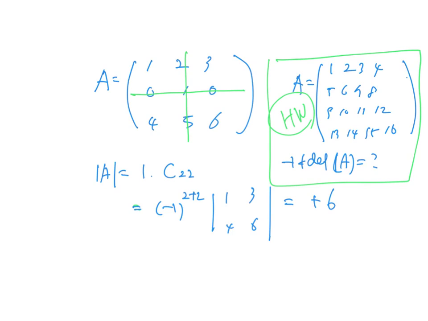What else do we need to cover? I can show you how to do that. So let A be 1, 2, 3, 4, 5, 6, 7, 8, 9, 10, 11, 12, 13, 14, 15, 16.